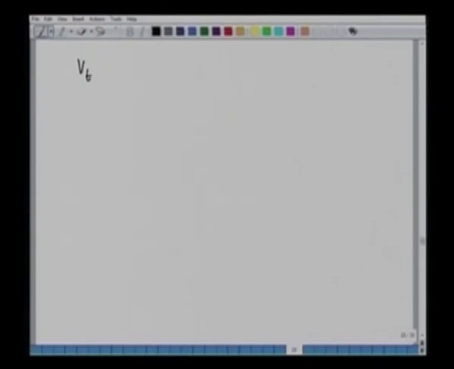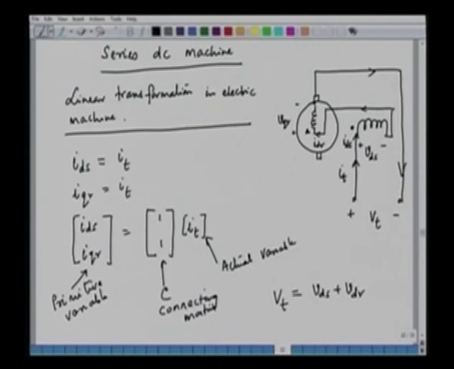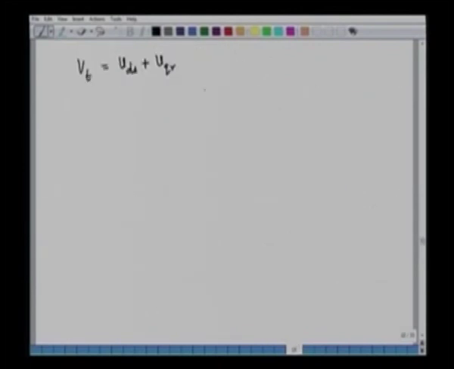Now if I rewrite this in a matrix form, I will have the following expression. Vt is actual variable, that is equal to Vds plus Vqr. That is what we have written in the previous thing, and that is equal to the transpose of the C matrix into VDS and VQR.